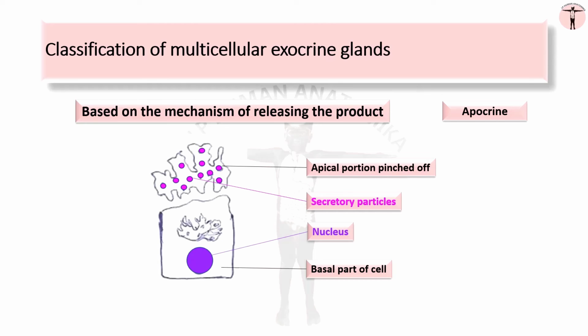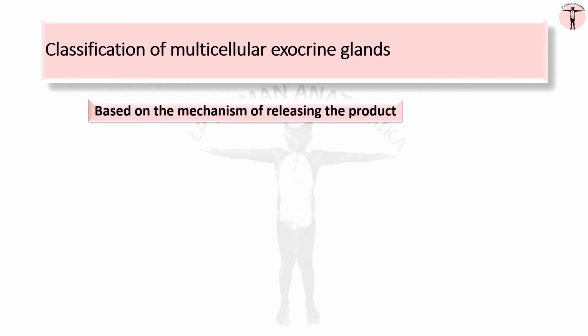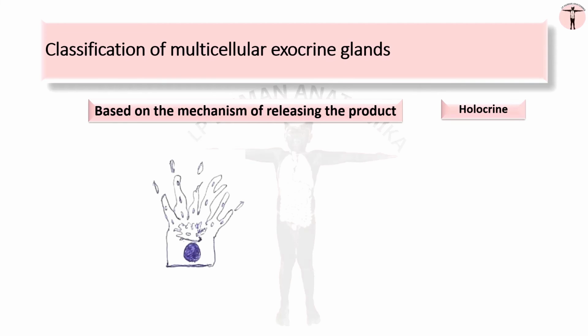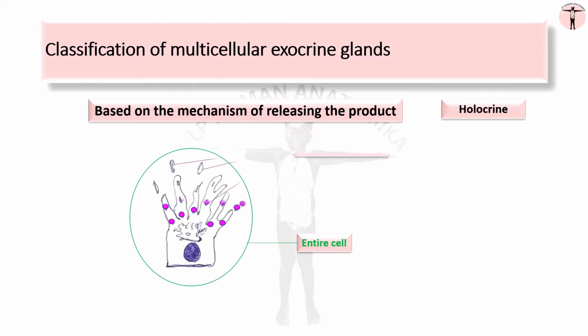So these types of glands are present in sweat gland and mammary gland. The third classification based on the mechanism of releasing the product is holocrine gland. In these glands, the entire cell along with secretory particles undergoes apoptosis or self-destruction or disintegrates and dies while discharging and becomes part of the secretion itself. Sebaceous gland is a good example for holocrine gland.